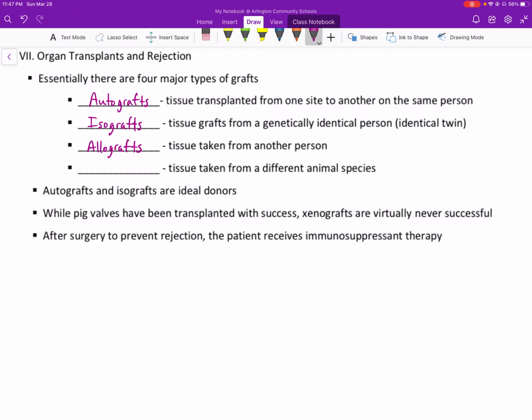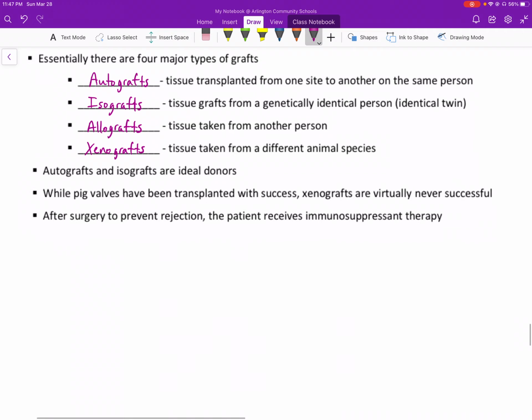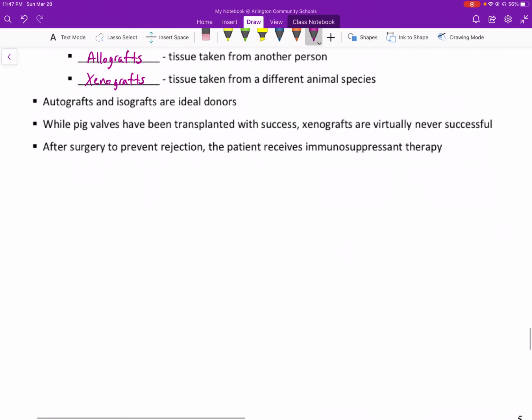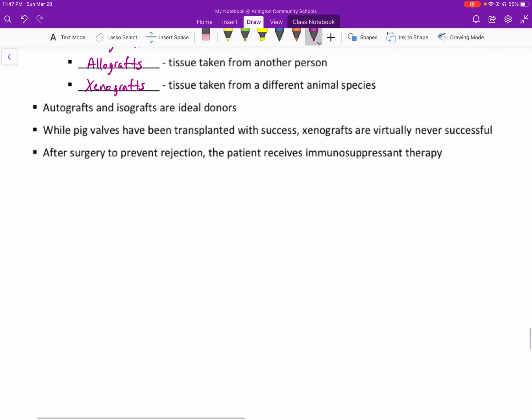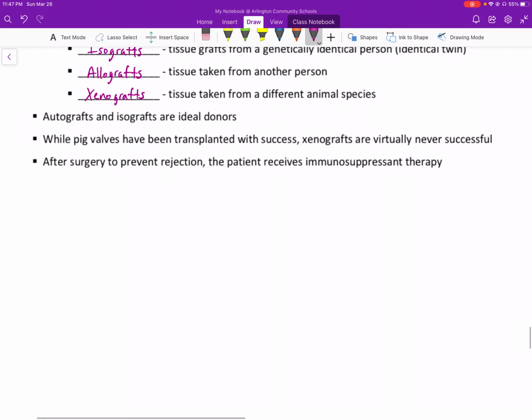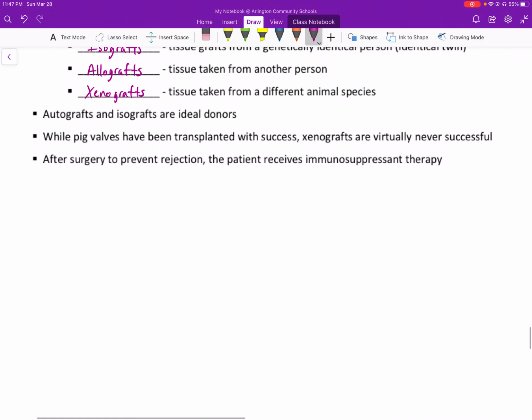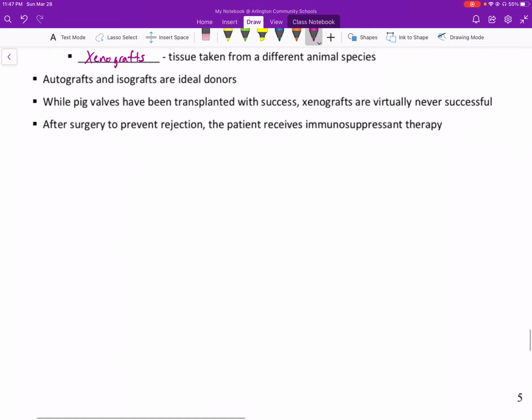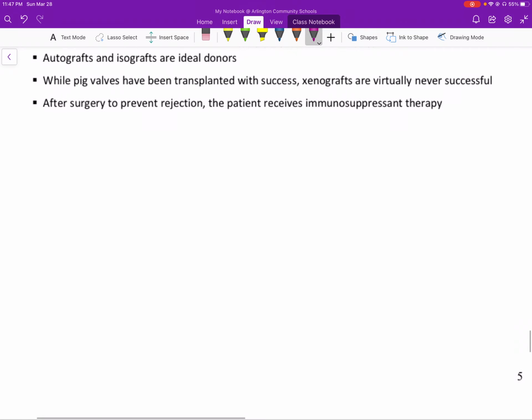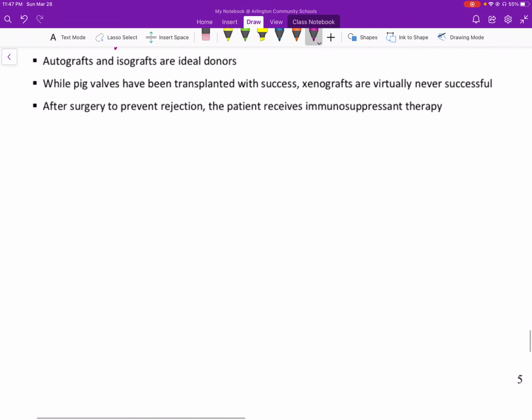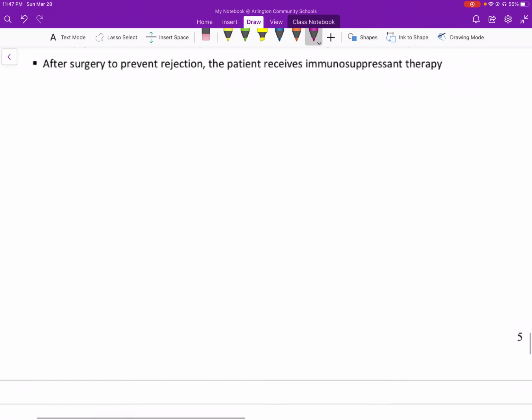We have allografts, which are taken from another person, and xenografts, which are taken from a different animal or species. Autografts and isografts are ideal donors, while pig grafts, which we call xenografts, are virtually never successful. And then after surgery, to prevent rejection, we receive immunosuppressant therapy.